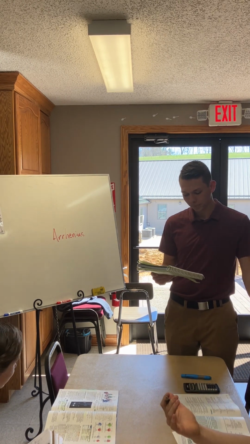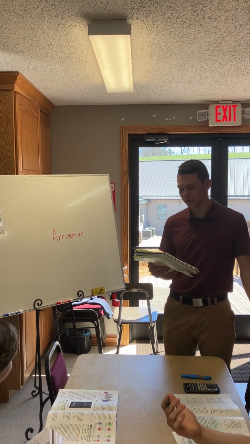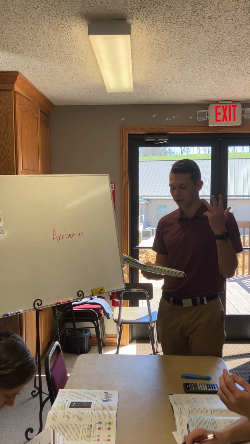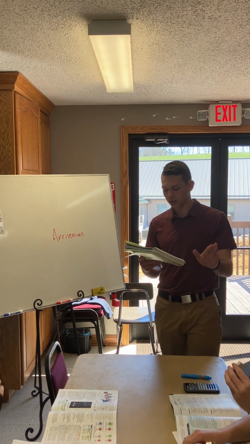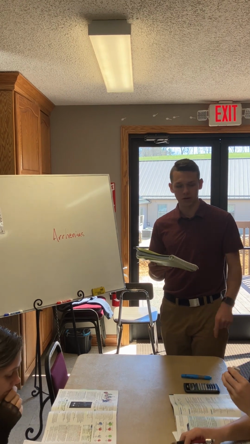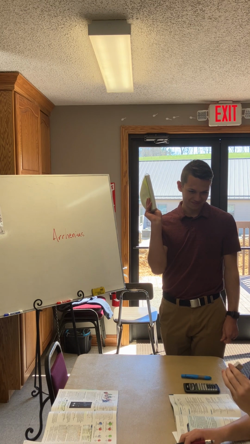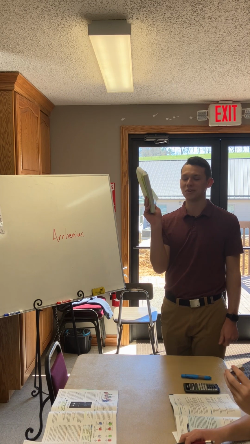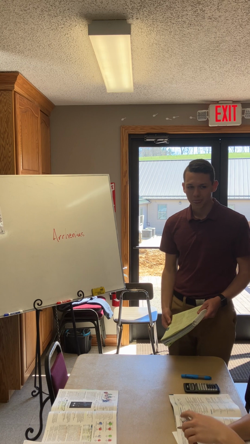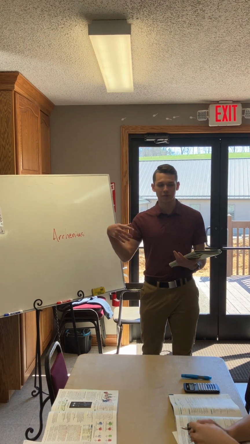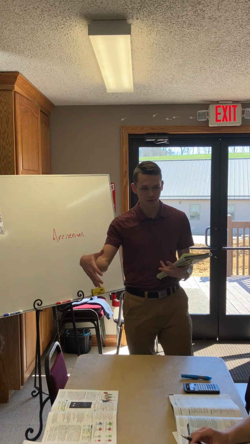Question number 6. What term refers to a reaction between an acid and a base to form a salt and water? Neutralization. So, whenever you hear the word neutralization, it means when an acid and a base react to form a salt and water.